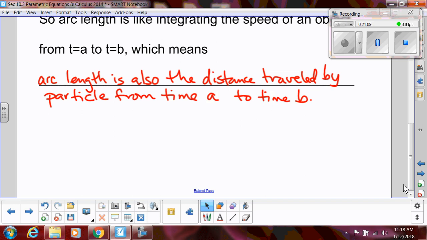Describe what this integral means in terms of the particle. Well, that would be the distance traveled by the particle from time A to time B. Okay.